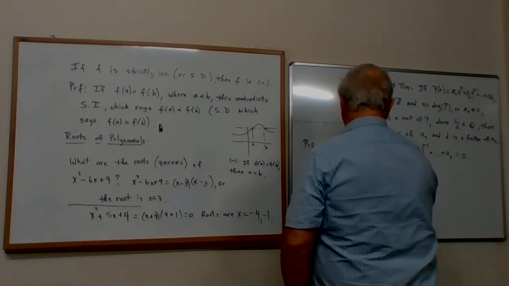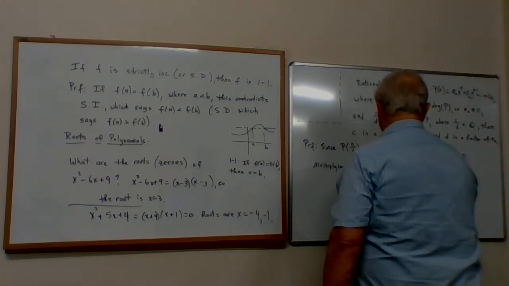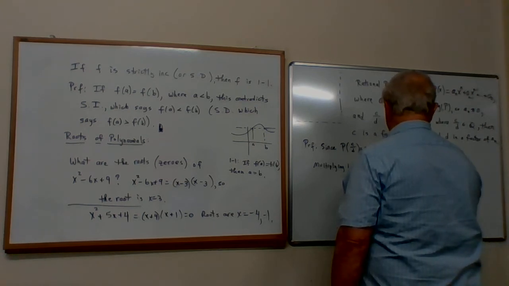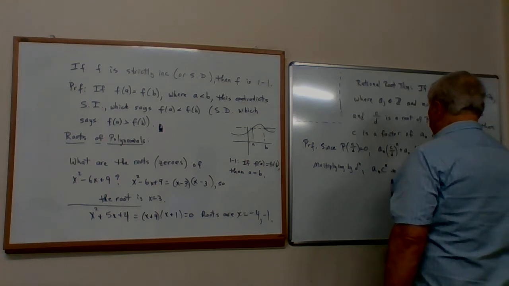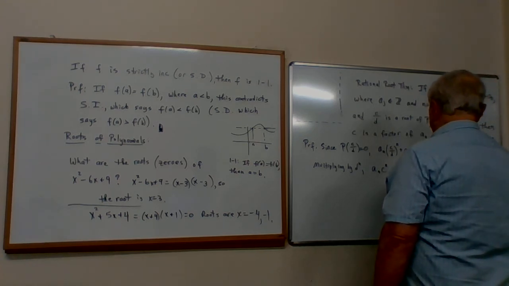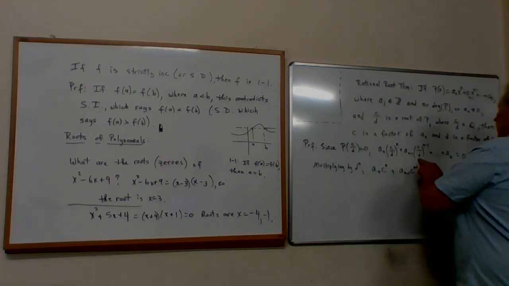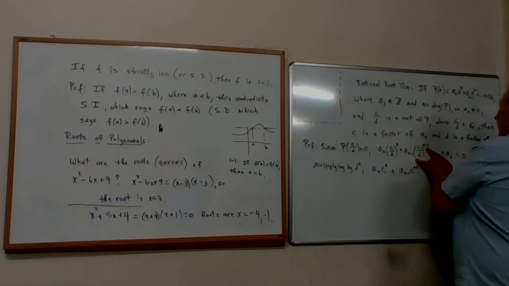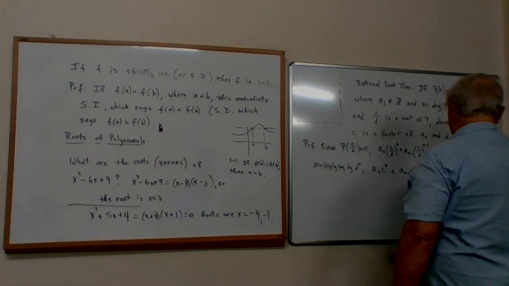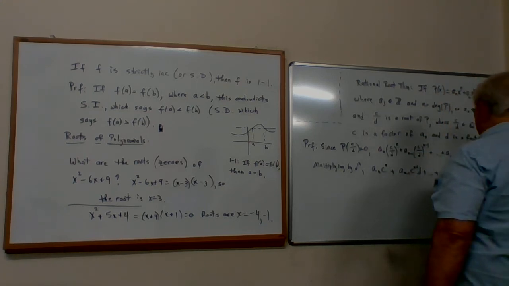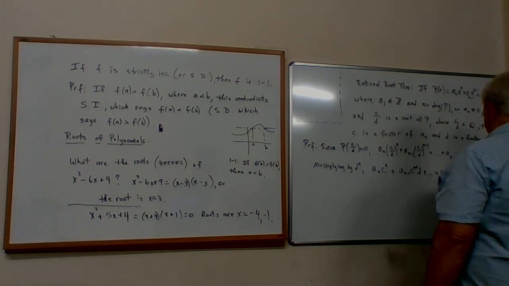What do we get? We get a sub n c to the n, because the denominator is now gone, plus a sub n minus 1 c to the n minus 1. Since I multiplied by d to the n, only n minus 1 of these cancel, so I've got a d surviving on top, plus and so on, plus a0 multiplied by the entire d to the n. And that's still equal to 0.